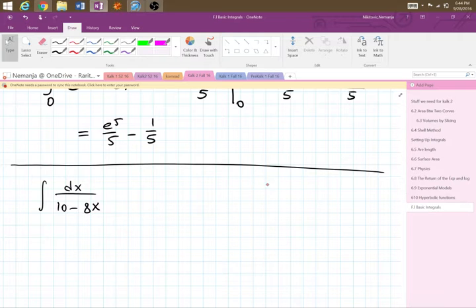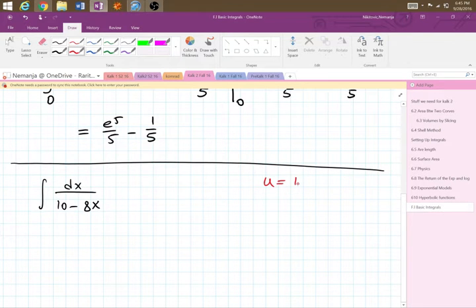Well, if I put 10 minus 8x to be u and have du to be minus 8 dx, when I take the derivative, make it into differential, I see that I can transform my integral. The denominator is going to be u.